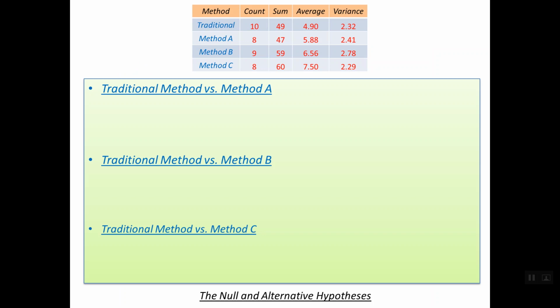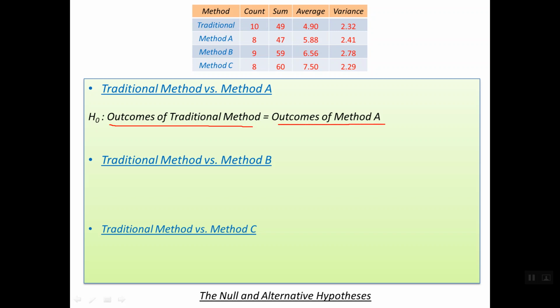First of all, we should set the null and alternative hypotheses. First, we have the hypotheses related to the traditional method and method A. We have two hypotheses. The null hypothesis states that there is no difference between the outcomes of the traditional method and the outcomes of method A. The outcomes are the same.